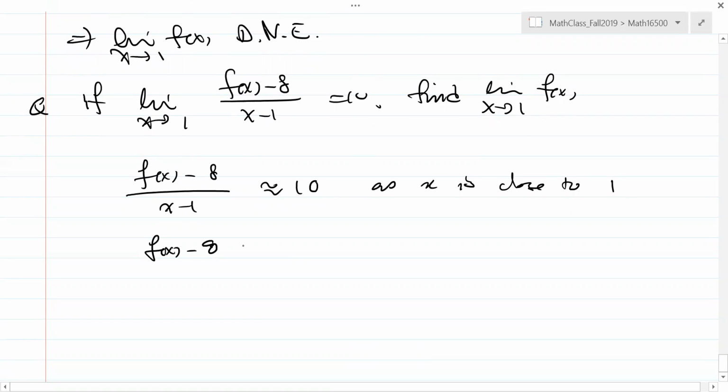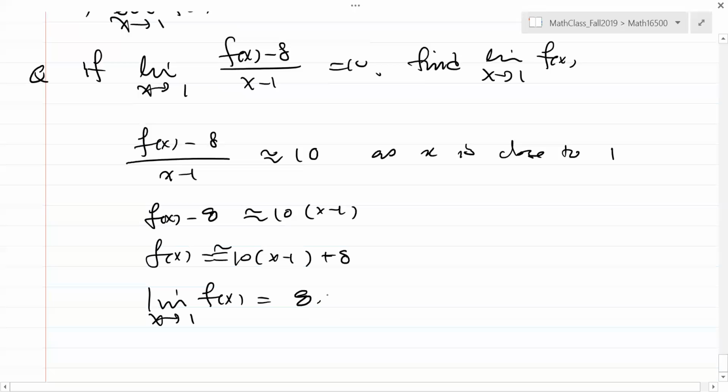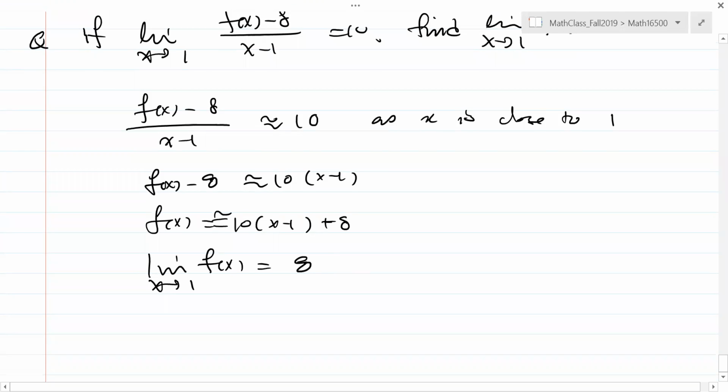So f(x) minus 8 is almost equal to 10 times x minus 1. Then f(x) equals 10 times x minus 1, plus 8. So it's clear to me that the limit as x approaches 1 is just going to be 8. So did you get this right? So that's the limit. Okay.